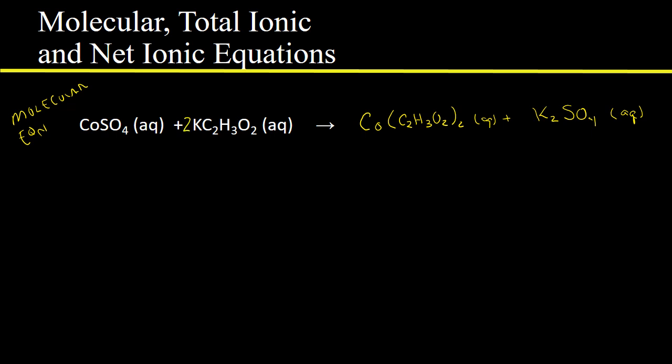So that's our molecular equation. We've got our reactants, we've got our products, we show what's happening, but we're writing everything as if they exist as molecules. And in aqueous solution, that's not really quite true. So let's then write a total ionic equation.